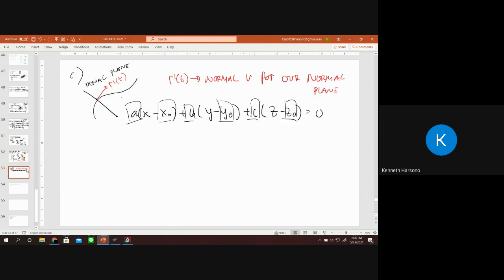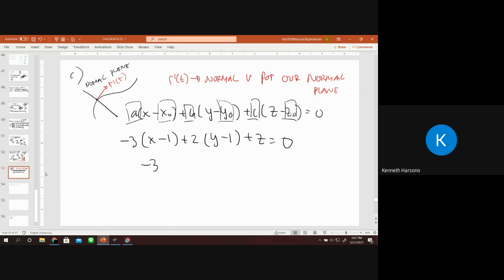So we can write it as minus 3(x minus 1) plus 2(y minus 1) plus z is equal to 0.